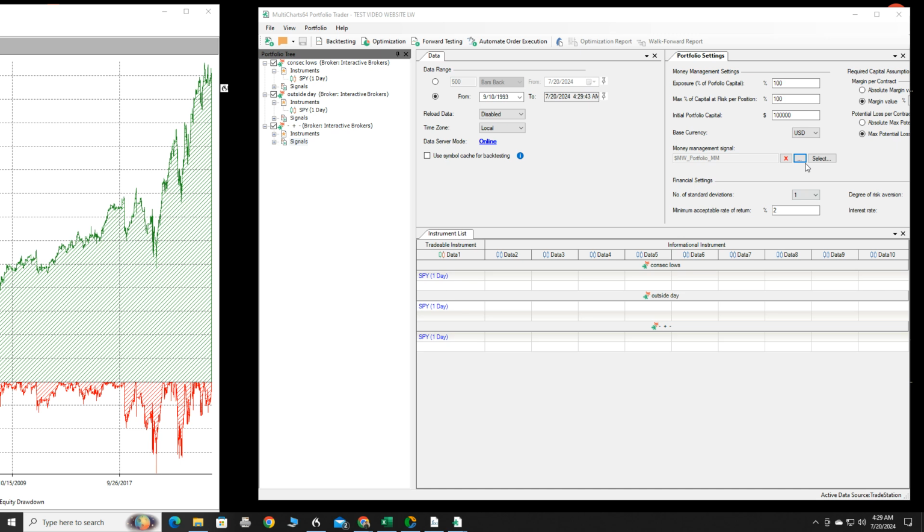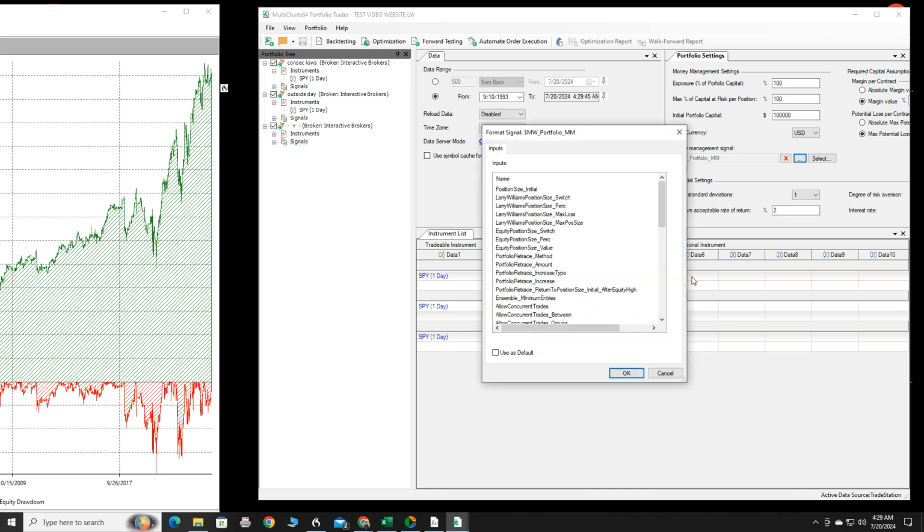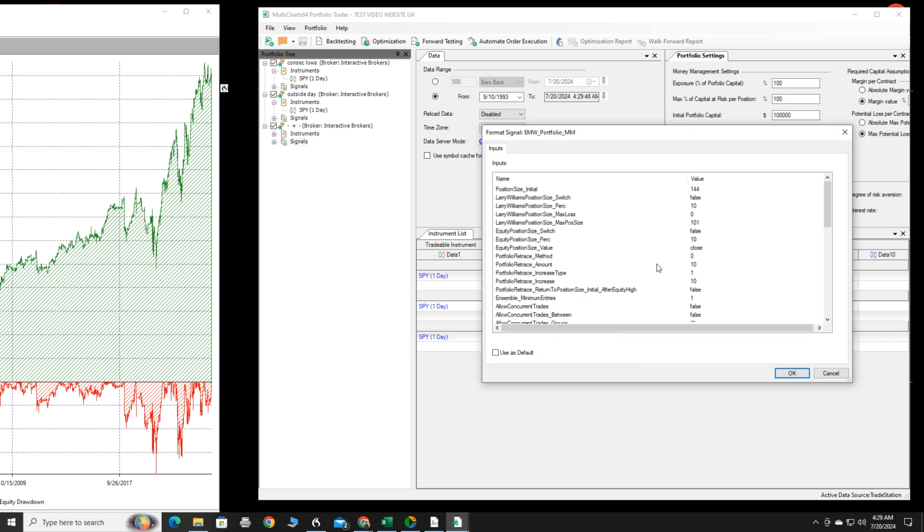So to implement this, first we go to the portfolio, formatting, go down, and always remember we must have portfolio management on 1, and we would have the switch on true, and equity drawdown. This is measured in dollars.